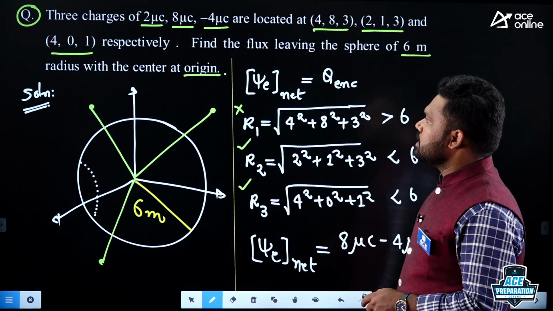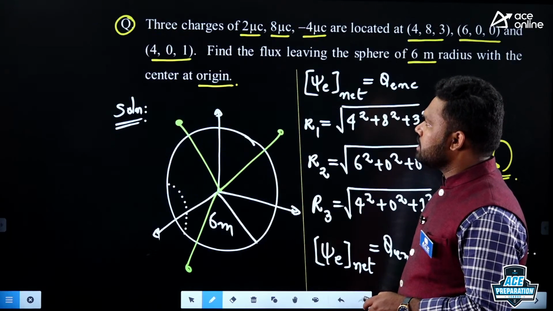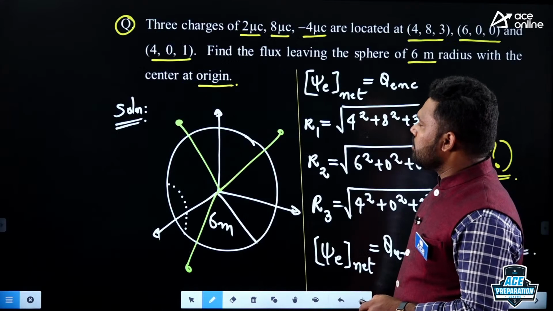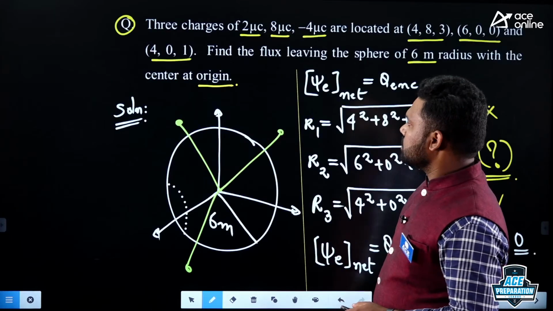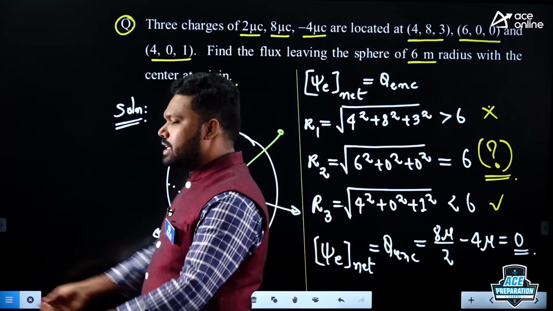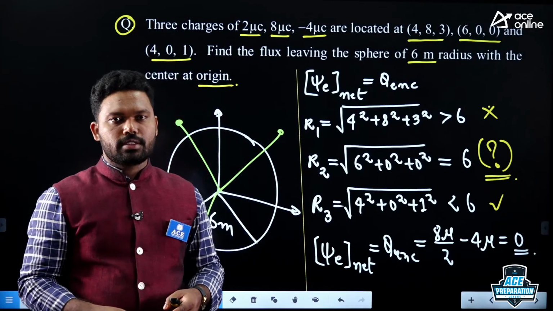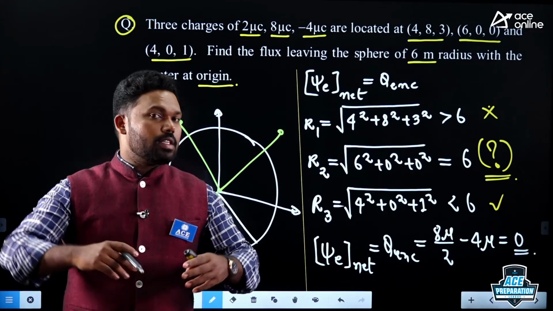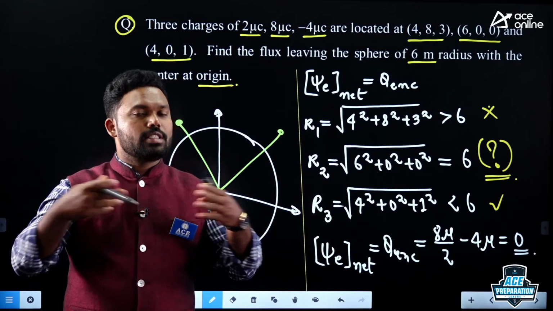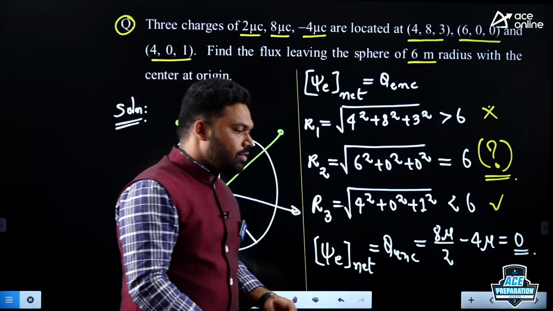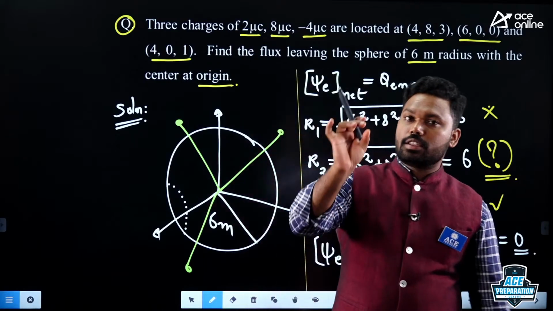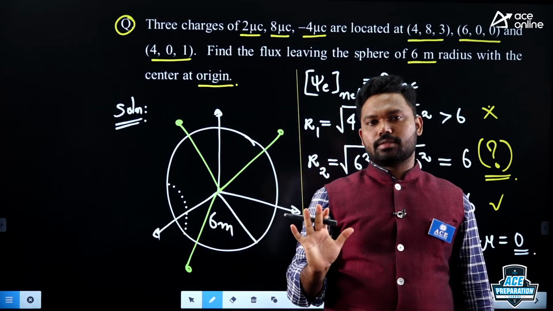Then there are varieties of numericals, and interestingly, I have taken one question where I intentionally considered the charge on the surface. If the charge is inside the closed surface, you have to consider it. If the charge is outside the closed surface, you need to discard it. Why? Because the net flux is contributed only by the charges inside the closed surface.